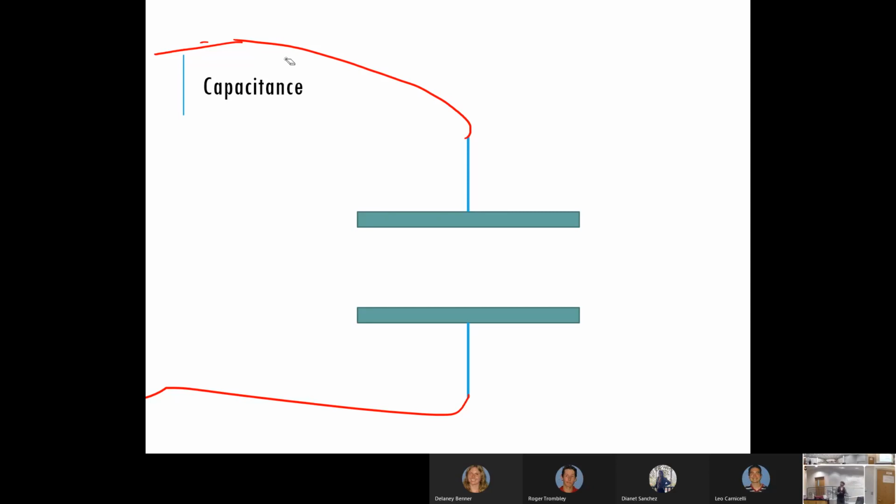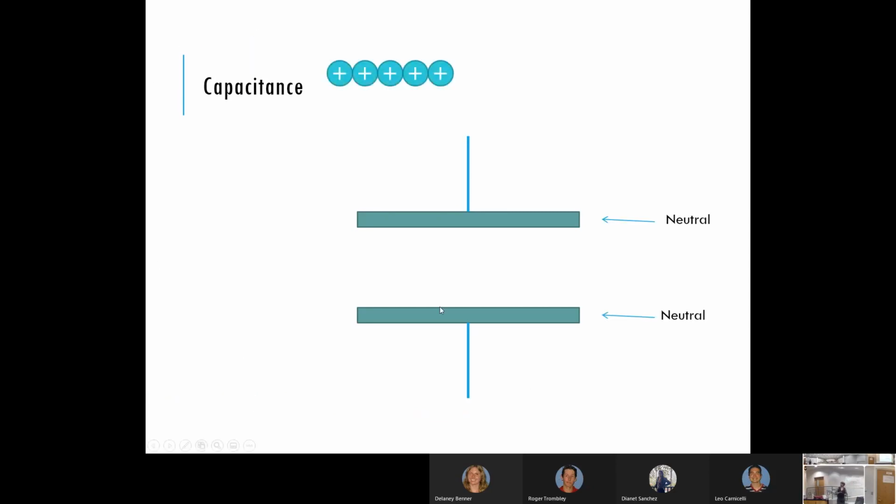But you can think of this as a couple stage process. First of all, these metal plates initially start off as neutral. They have the same amount of positive charge as negative charge. And what I'm going to do is connect the wire to some circuit, as I said, which will allow me to start pushing, I'll say positive charges, onto the top plate.